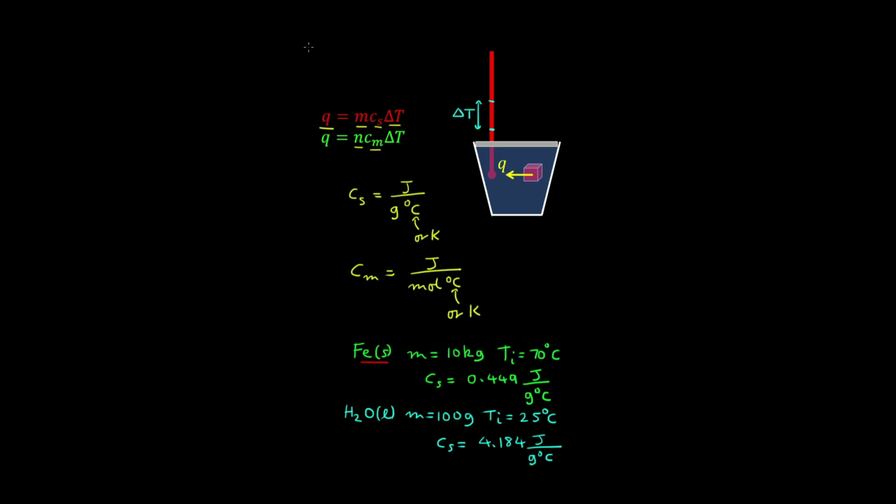And the amount of heat transferred to the water can be quantified using the heat transfer equation. And here we have the final temperature minus the initial temperature of the water.